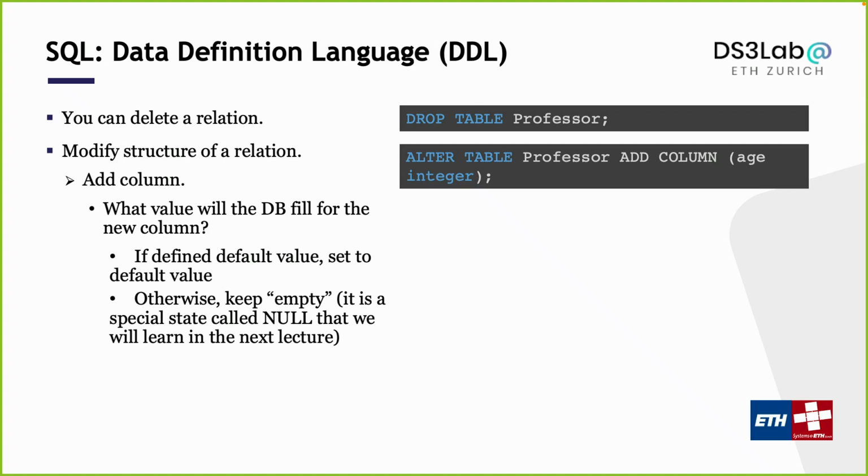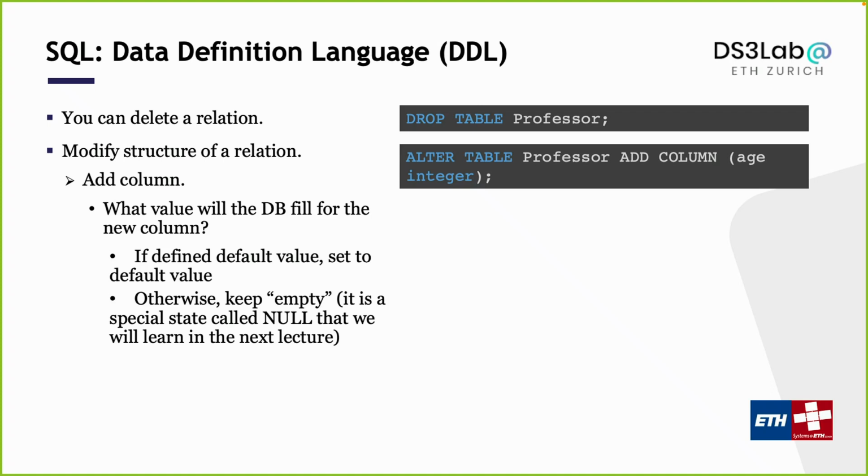So another thing: assuming you have a database and you add a column, what value is the database going to fill in for the new column? Essentially, if you have a default value in your SQL query when you alter the table, the database is going to put in the default value. Otherwise, it will keep it as empty. So in the next lecture, we are going to define formally what we mean by keeping something empty, okay?